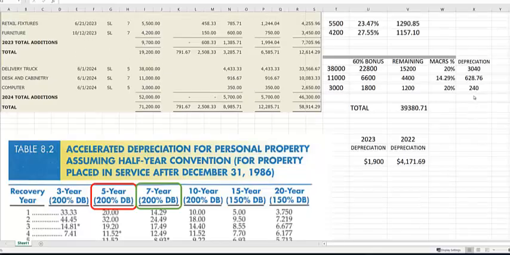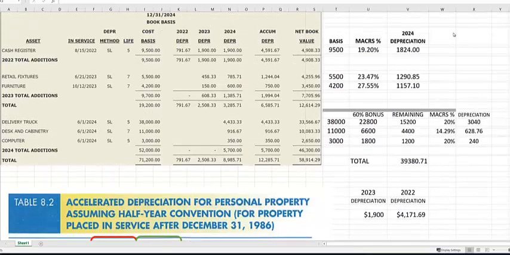So now we can add up all the depreciation along with the bonus depreciation to get our total. So 1824 plus the 1290 plus the 1157.10 plus the bonus depreciation of 22,800, 6,600 and 1,800 plus the 3,040, the 628.76 and the 240.